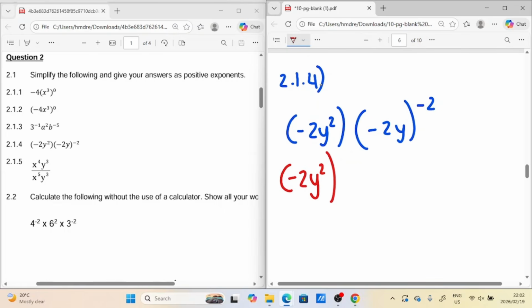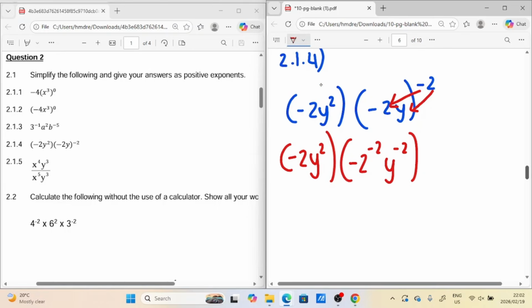This one, I'm going to take this exponent and put it in here with these. So it's going to be minus 2 to the power of minus 2, y to the power of minus 2. And then what I would probably do is take this down to get positive exponents.